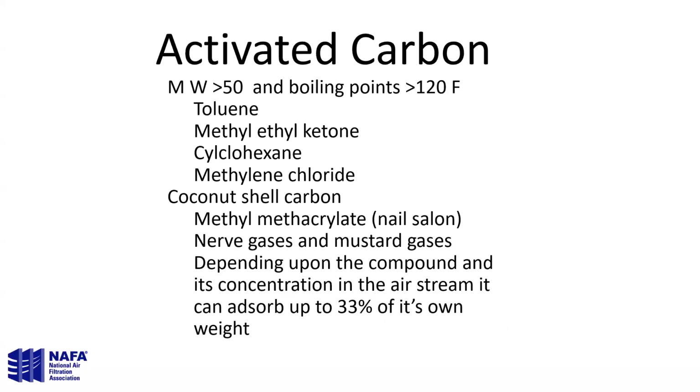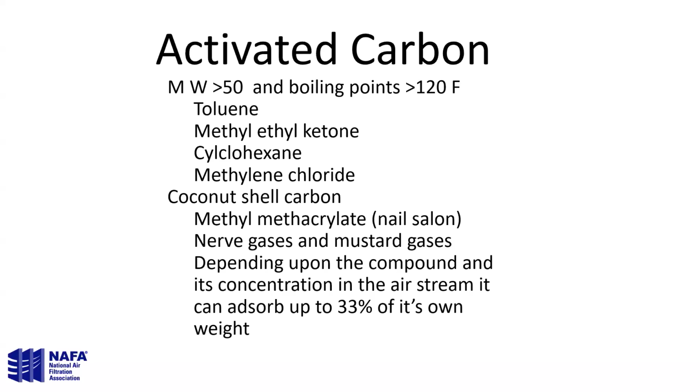Methyl methacrylate, that horrible smell if you ever walk by a nail salon, that's methyl methacrylate. It cannot be picked up by a coal-based carbon. It has to have a coconut shell carbon, and that has to do with the pore structure. Nerve gases and mustard gases, the old chemical compounds used in World War I, those are all picked up with a coconut shell carbon. Depending on the compound, and it is different, and the concentration, it can absorb up to 33% of its own weight. So that's some of the things.